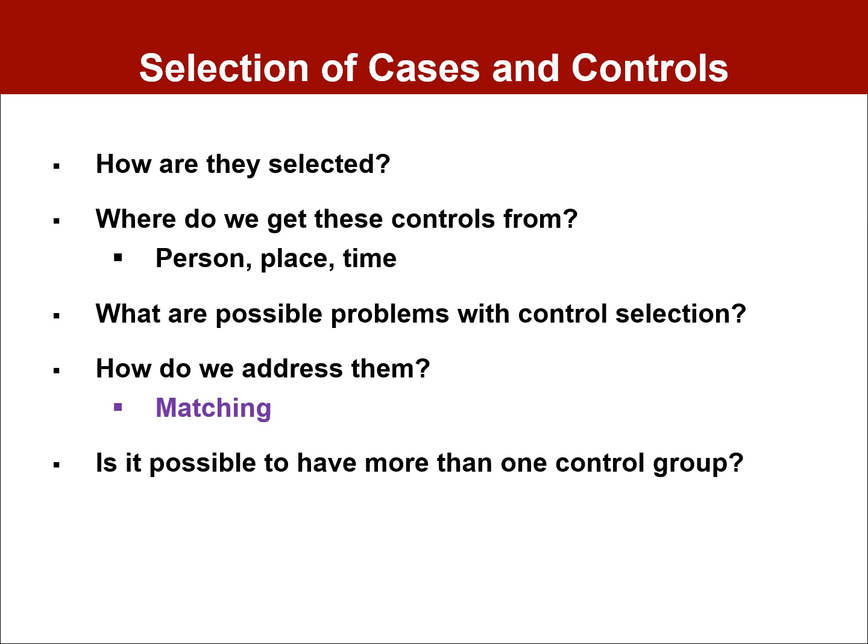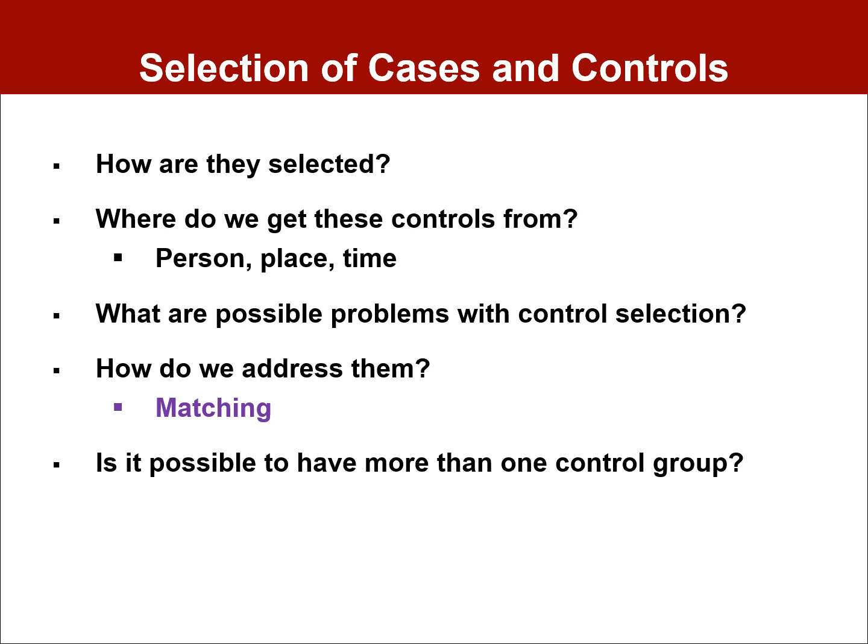What are possible problems with control selection? We run into problems with control selection when we haven't properly identified or defined different variables in the study. As you would notice from the assigned readings, there are different kinds of controls that we would have.